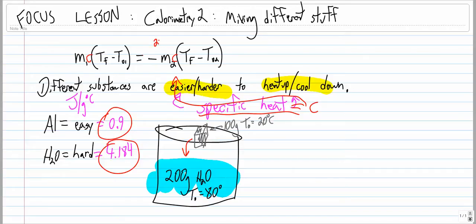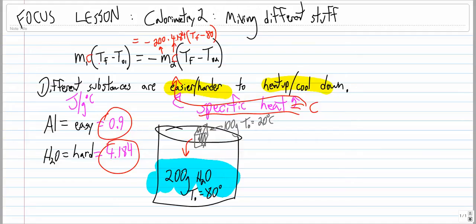This is going to be 200 because that was my mass. And that's going to be times the C for water, which was 4.184. And then we don't know the final temperature, but we do know the original temperature of the water, and it was 80. And so put my negative sign in here.